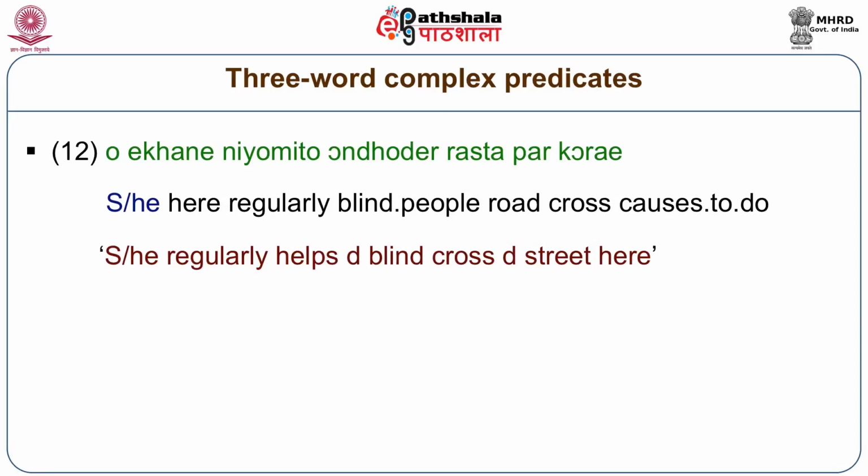We also don't have a basis for placing andhoder rasta par under the verb korano. Therefore, we have no viable transformational derivation that brings us to 12 from a plausible deep structure.